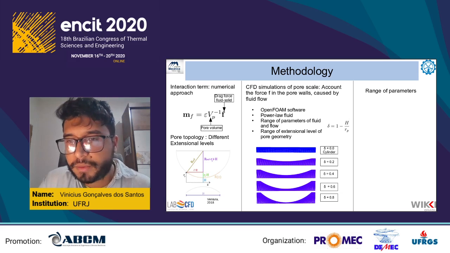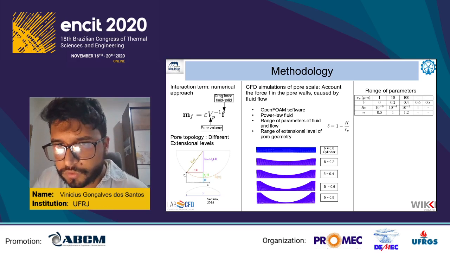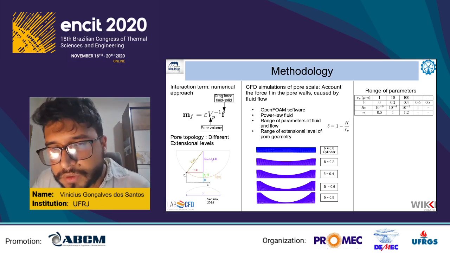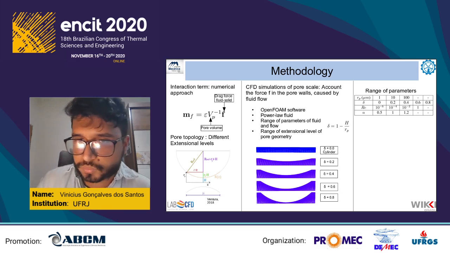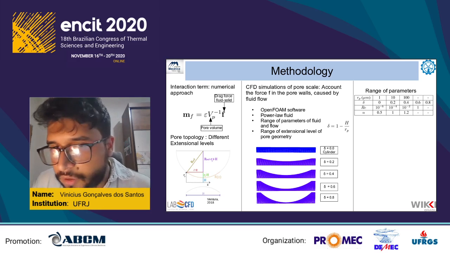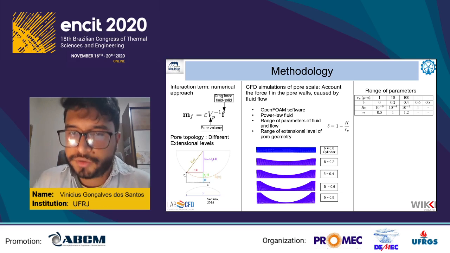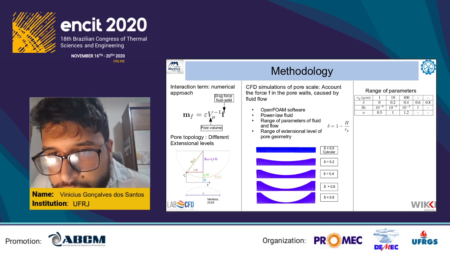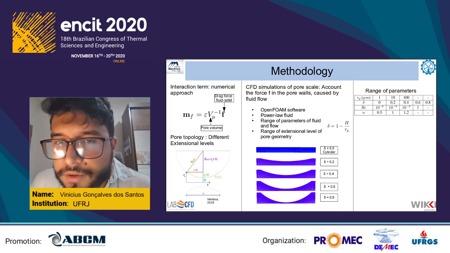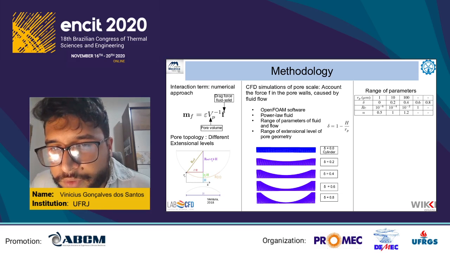The range of parameters is shown in this table. We have 4 groups of Reynolds number and 5 groups of geometries. Here we also use 3 different pore radii and 3 types of fluid.